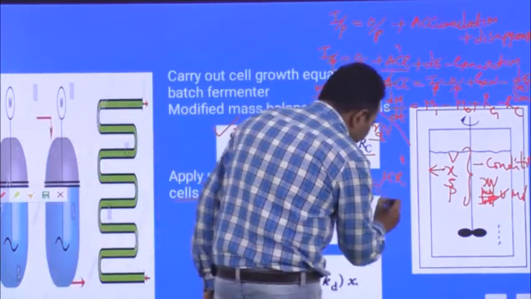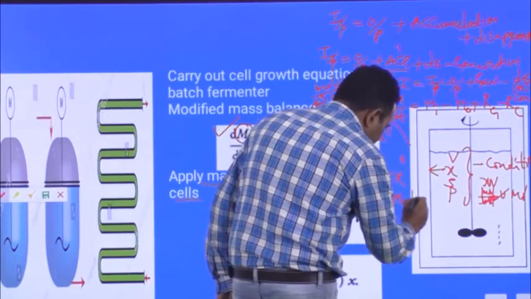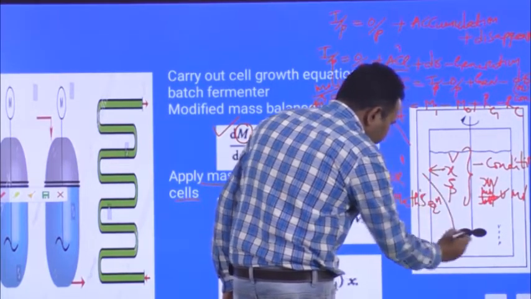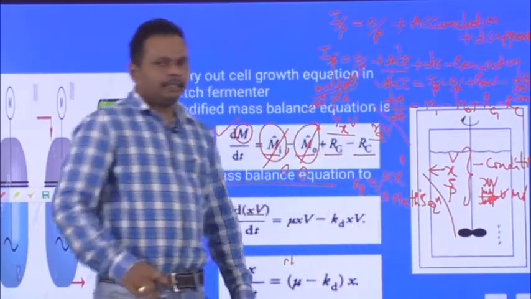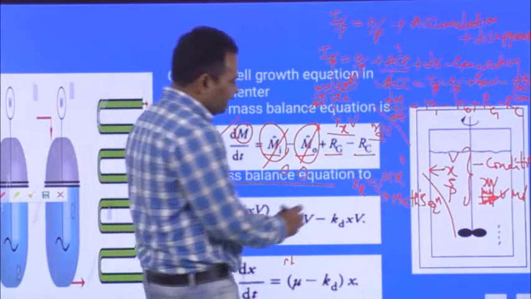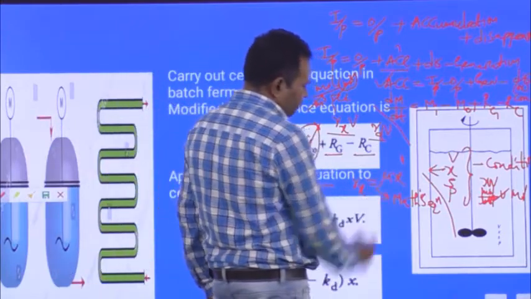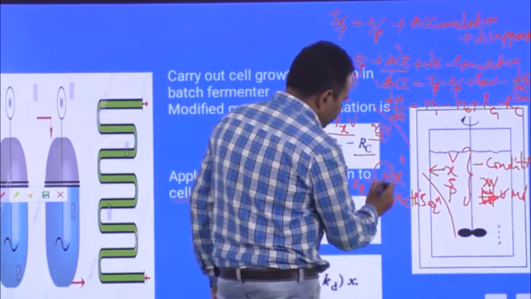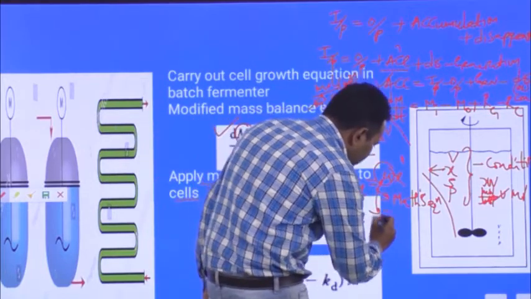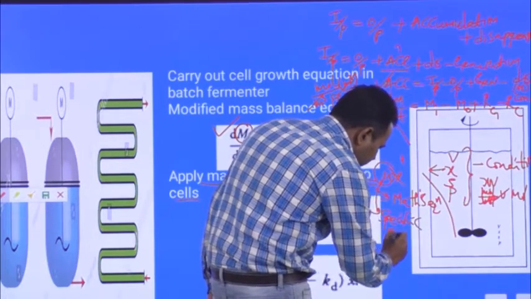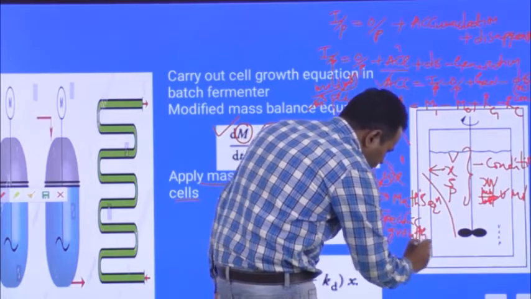The Malthus equation always says that the rate of cell generation follows first order kinetics. Rx, the rate of formation of biomass, is equal to mu into x. What is mu? Mu is the specific growth rate of the cells.